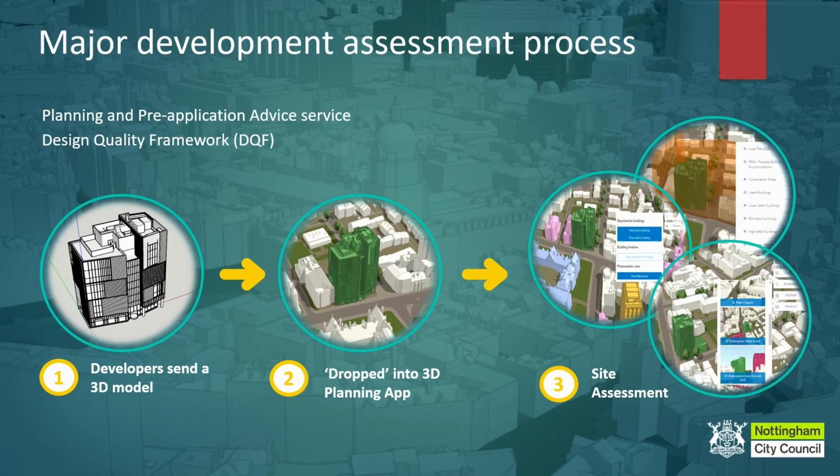The developers supply their BIM model to us and hopefully follow our guidance, although sometimes they supply every last tap and door handle. This BIM model is then dropped into our 3D city model, and within this assessment tool that we've created, our planners are able to undertake a site assessment, looking at the proposal's individual merits and then understanding how it fits within the wider picture.